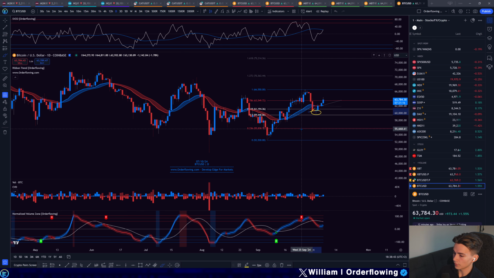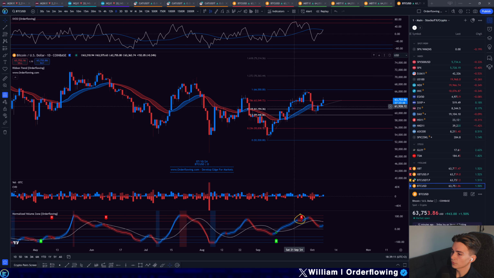Before the retracement, on the normalized one, we had the regular bearish divergence, and we can also see on the normal volume zone oscillation that we had the shifting here, and then the inevitable retracement into the zone.